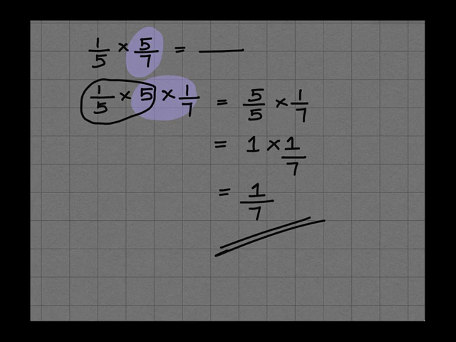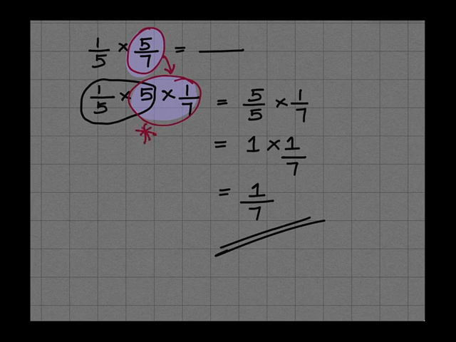Okay, the next problem is 1/5 times 5/7. This fraction 5/7 we separate, or it can be written as 5 times 1/7. There's a whole number 5 in it, times the fraction 1/7. So this step is very important.